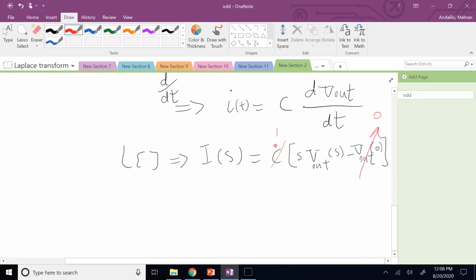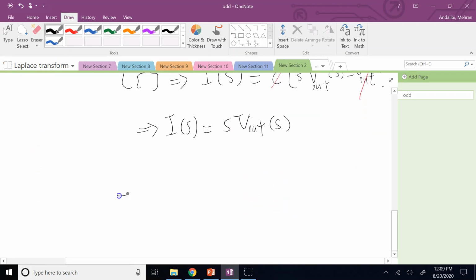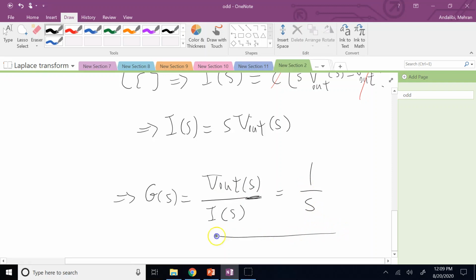So this is 1. And from here, you would get what? You would get I of s to be s times V out of s. And therefore, your transfer function, which is the output over the input, is going to be 1 over s, right? So the output voltage is the time integration of the input current, okay?